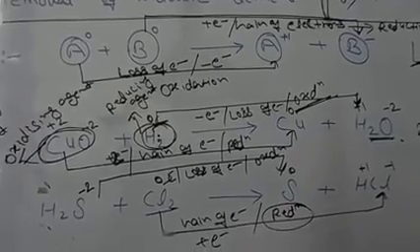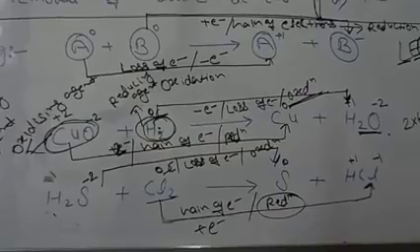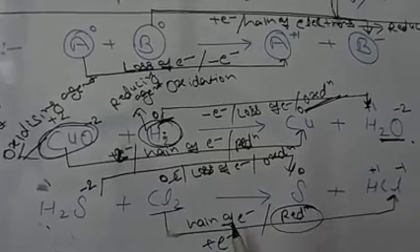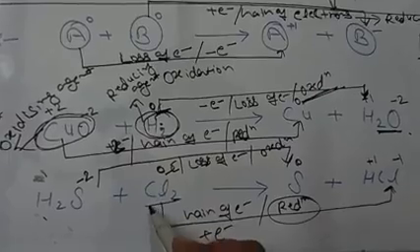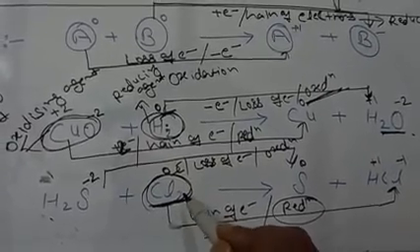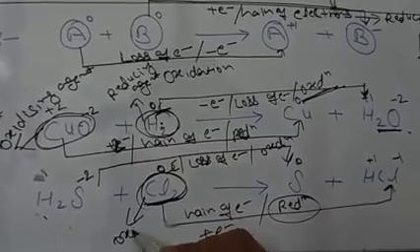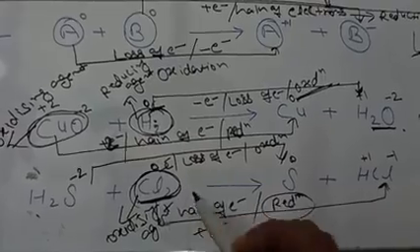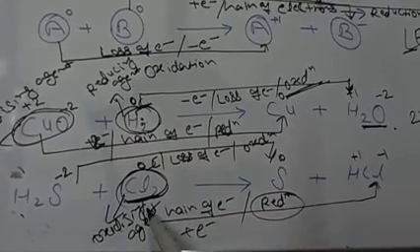Now in the second reaction I'll show you some more examples. Here you can see in this second reaction, which one is the oxidizing agent? Here it is chlorine behaving as the oxidizing agent. Why is it behaving as the oxidizing agent? Because there is a reduction of chlorine.